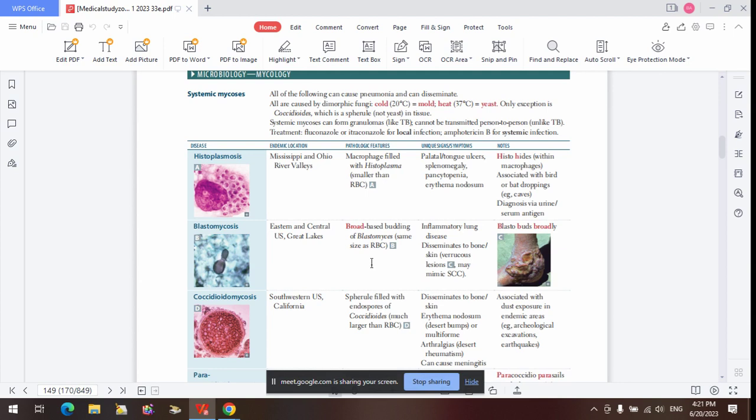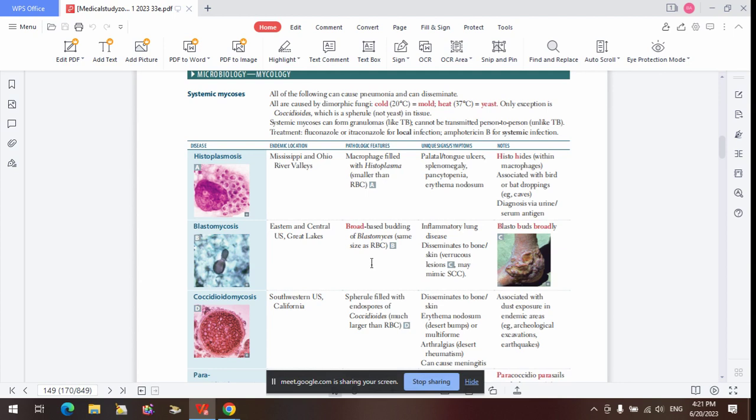And the temperature where you have the mold is very cold, like 20 degrees Celsius. For example, you have the mold buried deep down in the soil that is cold, 20 degrees Celsius. So from the name, you can even master it. Mold, cold, 20 degrees.